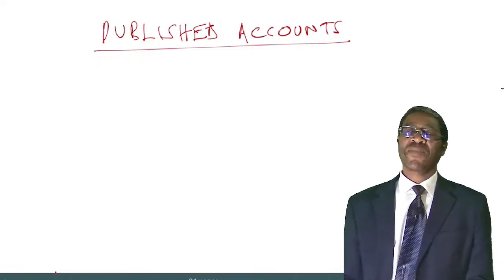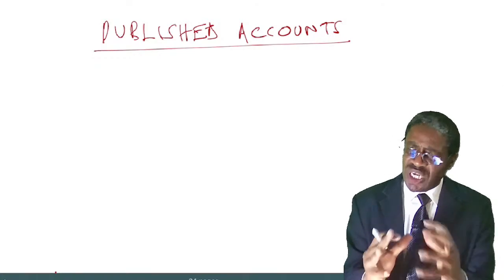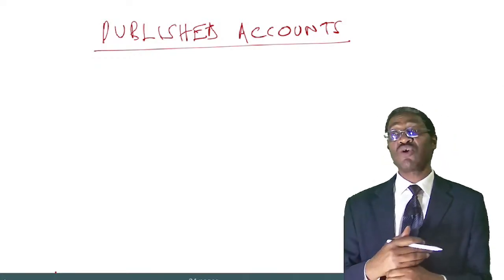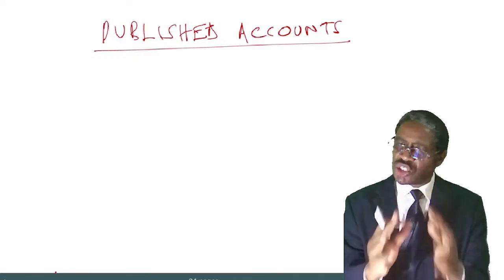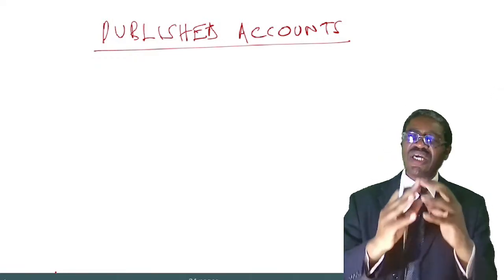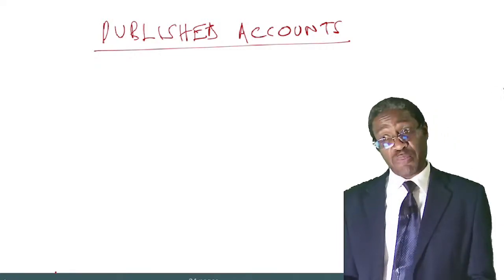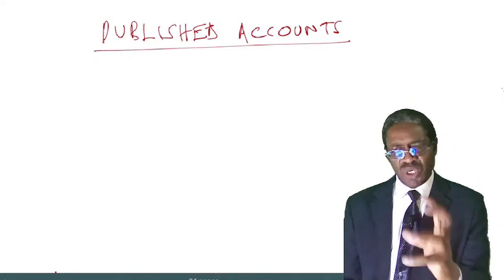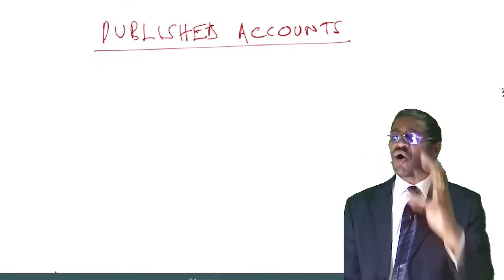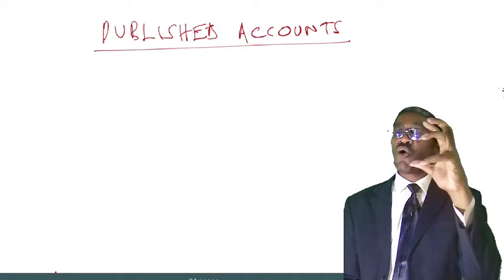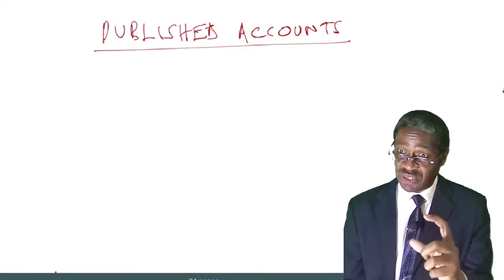Okay? So, what should you include when you, as a public company, are preparing your published accounts? What should you include in that complete set of financial statements that you prepare? In other words, what are the components of a complete set of financial statements?